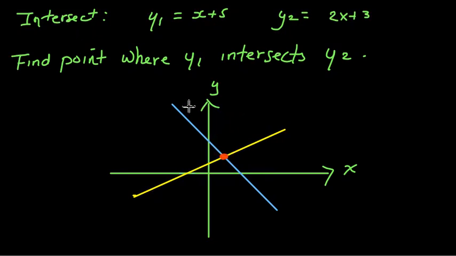Now, how do we know that lines intersect? Besides the fact that in this particular question they tell us, we can know because if they don't have the same m, which is the same slope, which would mean they're parallel, at some point they're going to intersect. If they're parallel, they're going to be running parallel to each other.